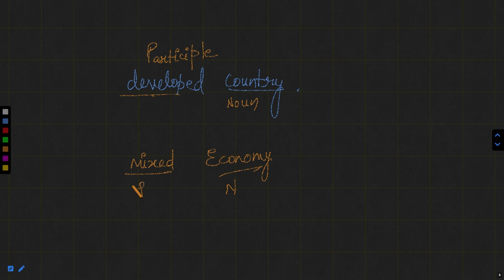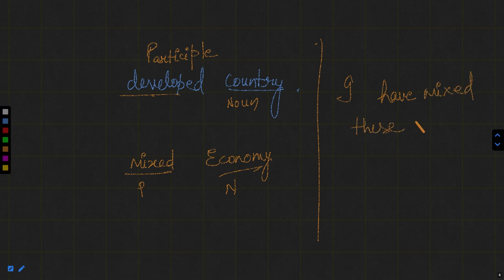So this is participle. But if I say I have mixed these pulses, now here we can say mixed is verb because this is an action. What I have done, I have mixed all these pulses. So here mixed is a verb, whereas in this part, this is a participle, which is qualifying the word economy.